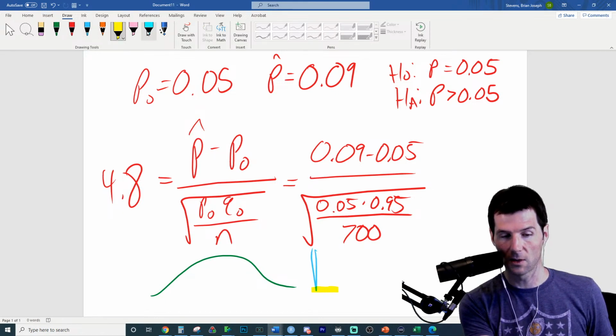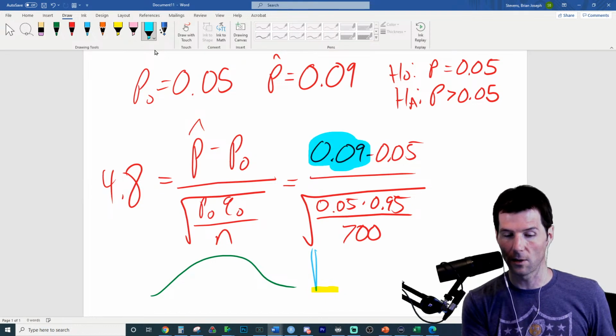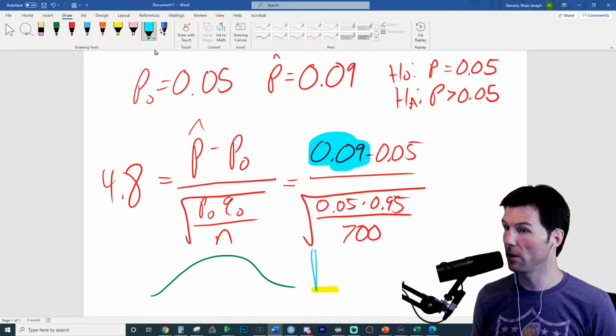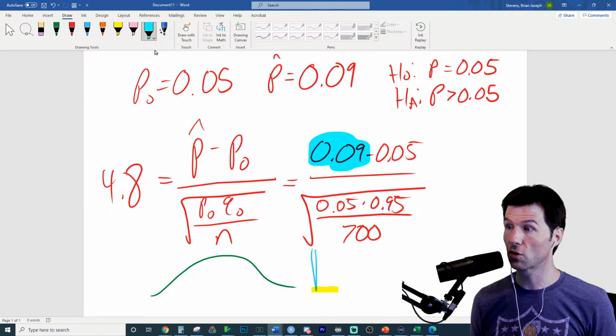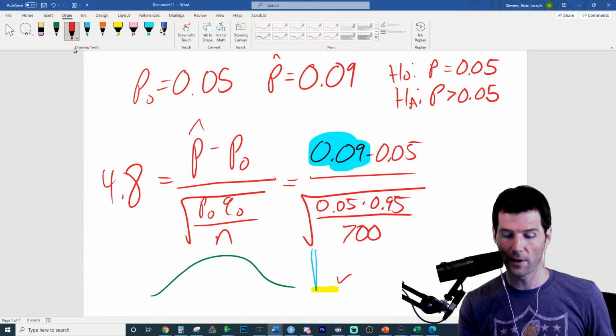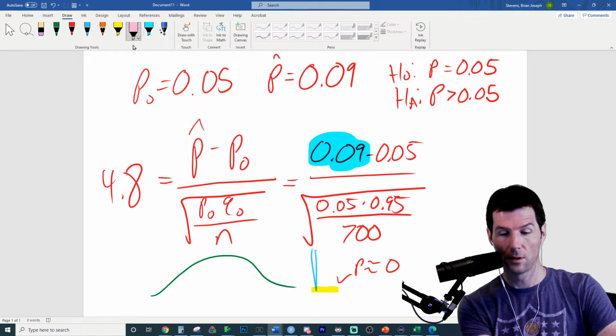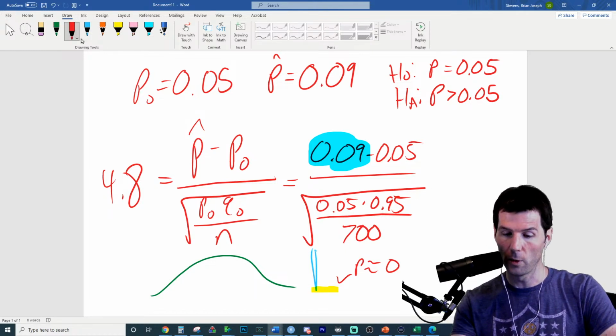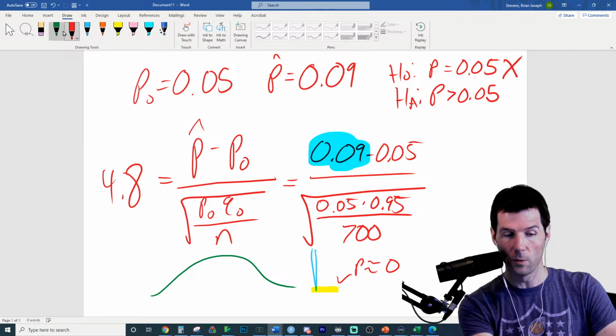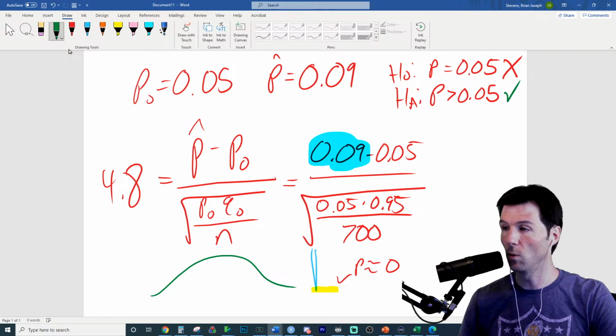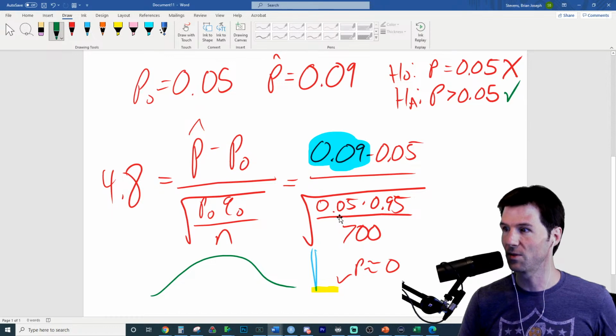What we're saying by this is this value right here is very, very unlikely to observe by random chance, given 5% is true. And because the p-value is so small, what are you going to do to the null hypothesis? This p-value is about 0, and that's super small. And guess what we do to the null? We reject the null, and we have evidence that more than 5% of men have a second job.